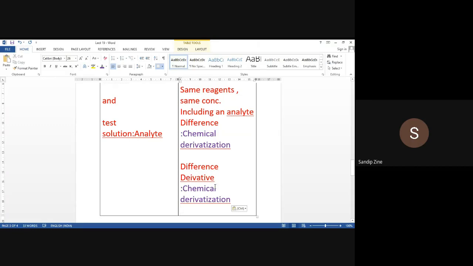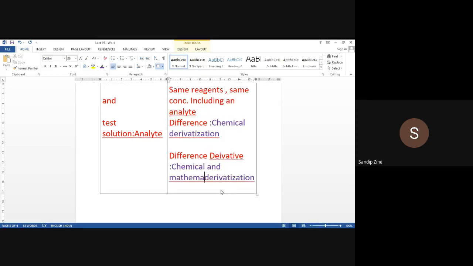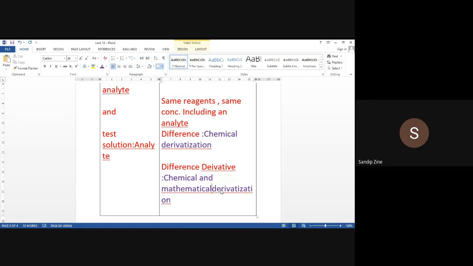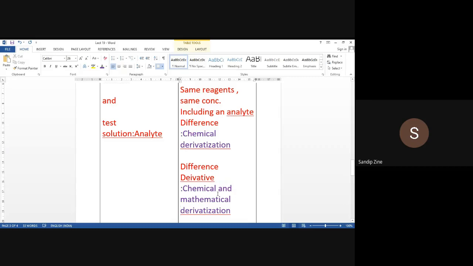Here we are doing chemical and mathematical. How come? Because in derivative spectroscopy we have just seen this is about derivative. We have seen zero order spectra, first order spectra, third order spectra.